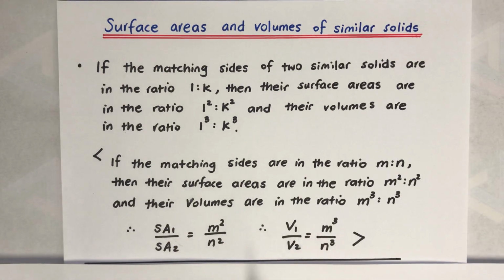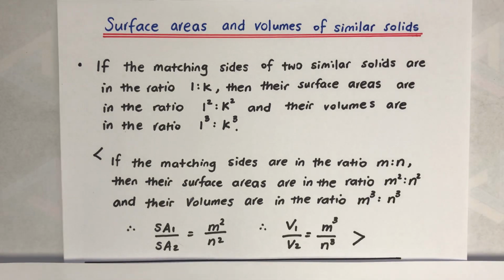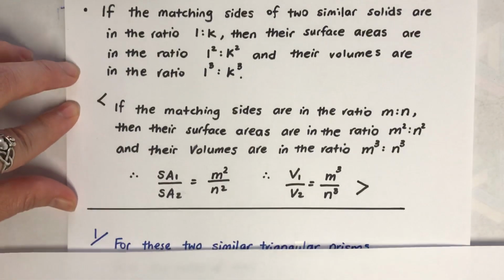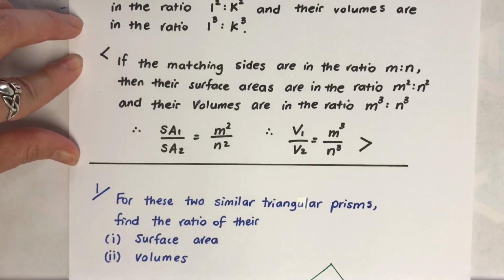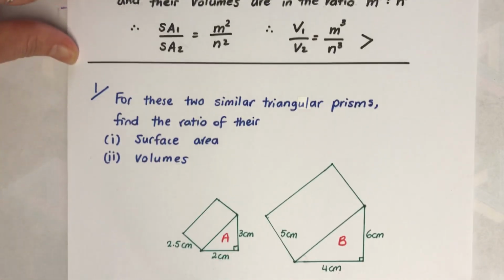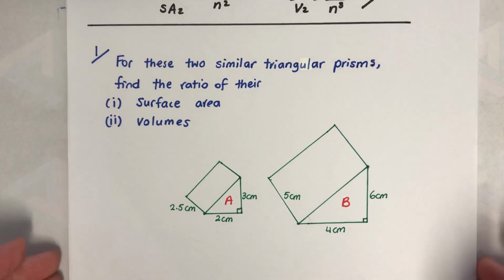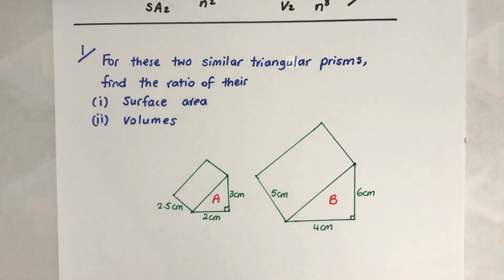Same as the volume. Okay, so let's start question 1, and you will see what I was trying to tell you about that. Okay, so I'm just going to push it all down. Good. Question 1. For these two similar triangular prisms, find the ratio of their surface area and volumes.